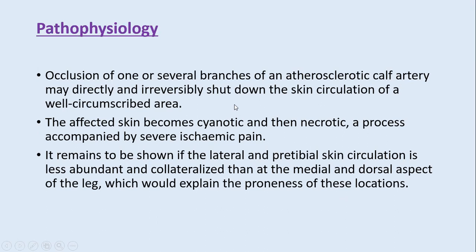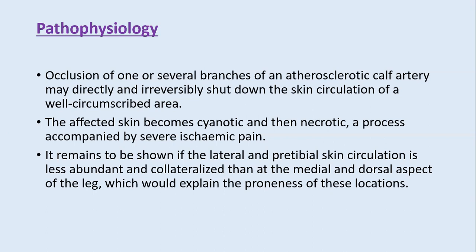Pathophysiology. Occlusion of one or several branches of atherosclerotic calf artery may directly and irreversibly shut down the skin circulation of a well-circumscribed area. Then the affected skin becomes cyanotic and then necrotic. And this whole process is accompanied by severe ischemic pain.